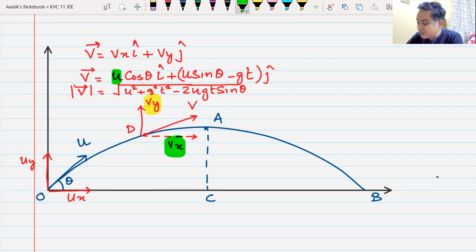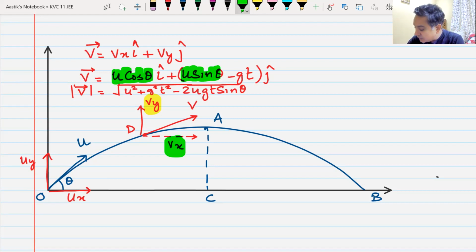One term will come from here, that will be u square cos square theta. One term will come from here, u square sin square theta. U square taken common, cos square plus sin square becomes 1. So this is the final result that you get. Do we understand this, or has this gone above our head?